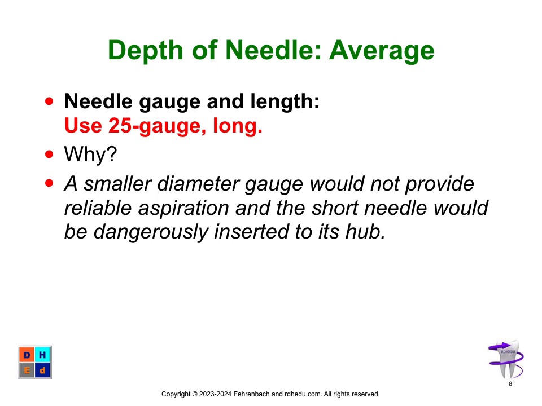We want to make sure that we have that reliable aspiration so we're not injecting into the blood vessels. And a short needle, we're going to be seeing it would be dangerously inserted to its hub in many cases. Sometimes you might be able to get away with it, but you don't know until you look, and sometimes as you go in.